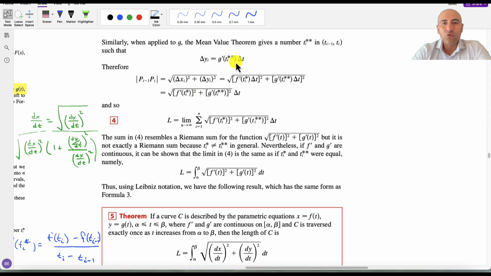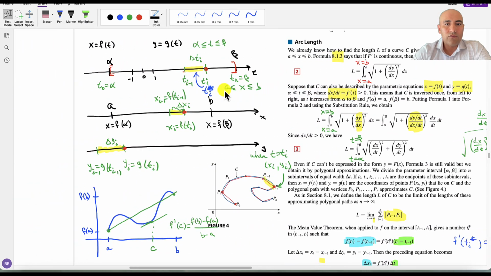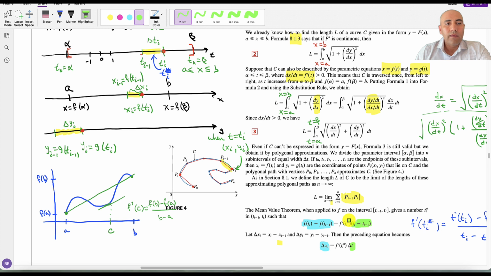Now, the reason we have two stars is because they don't necessarily equal the same number. So going back to my little drawing over here, there was some value t sub i single star that worked for the x, such that f prime of t sub i star is equal to this thing here. But when we look at the y, there might be some other value, not necessarily t sub i star. Let's use this red one.